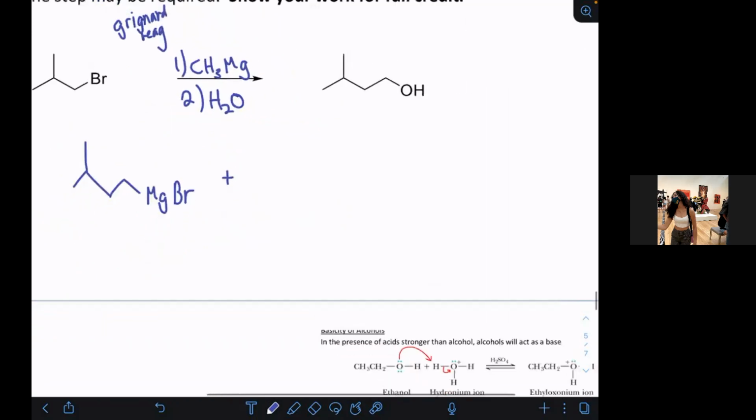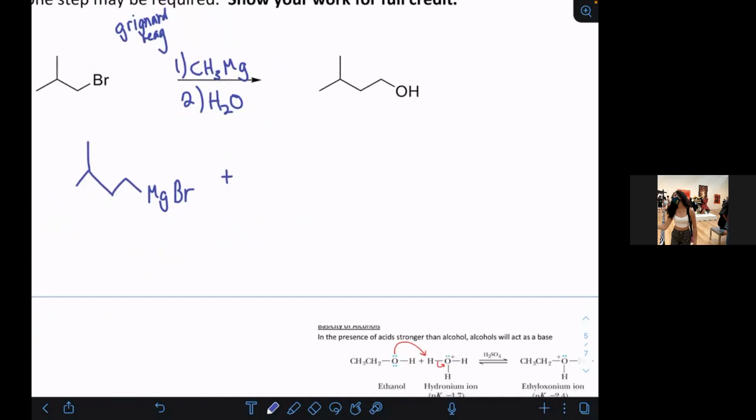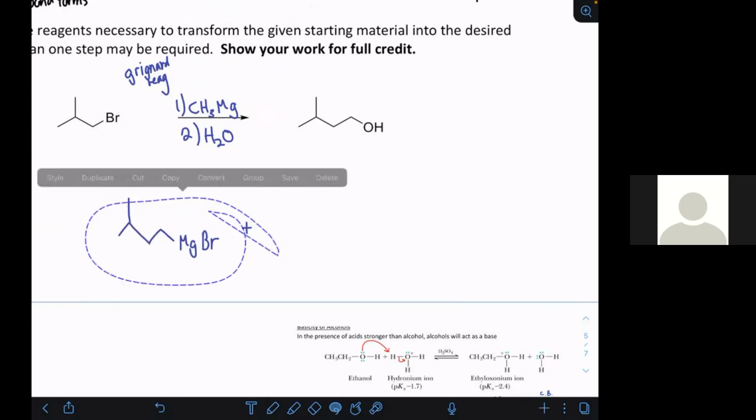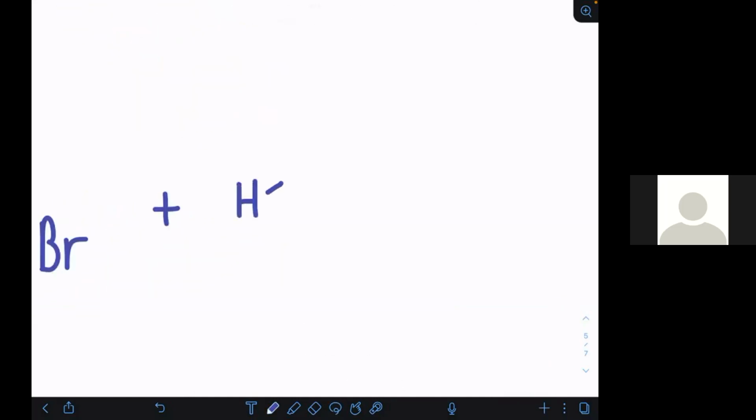I'm confused now how to go through the whole problem. Yeah, you need to do hydrolysis. So it's H2O and HCl, or H3O plus is what that makes.